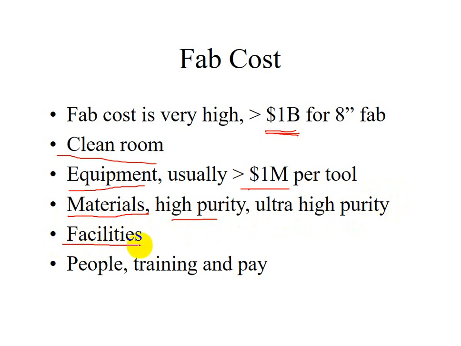A lot of facility required to run the fab, especially a lot of training for engineering is required to have a good process control, and the pay to the engineering also is at a very high cost. So that run a fab is a very high cost process.